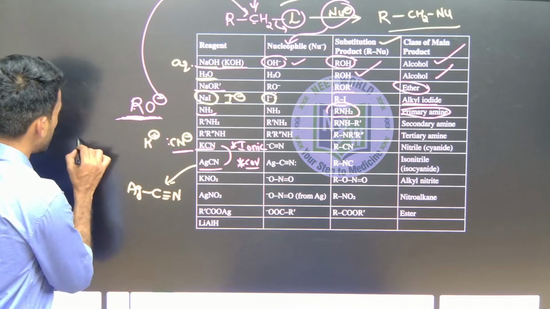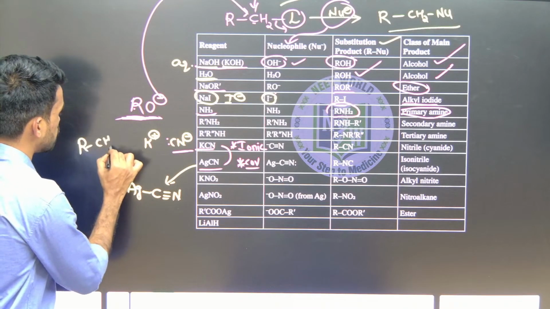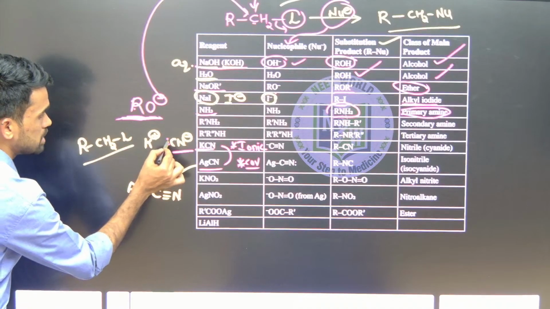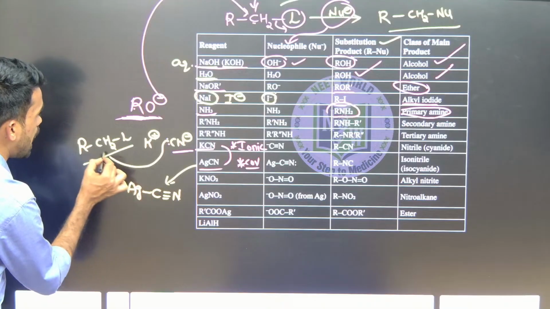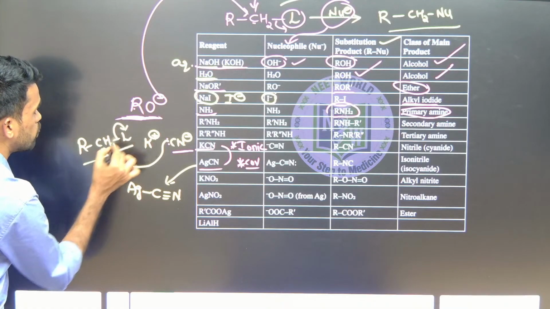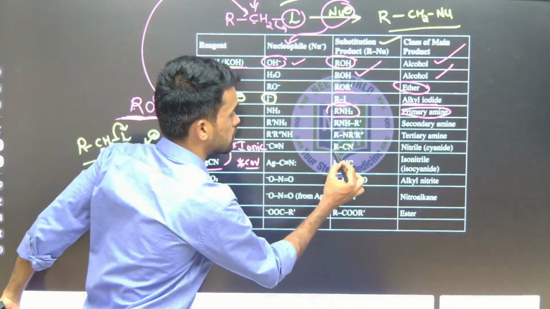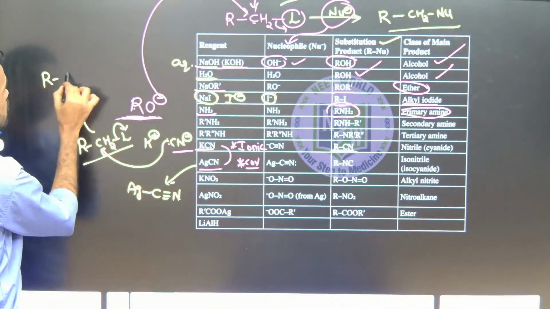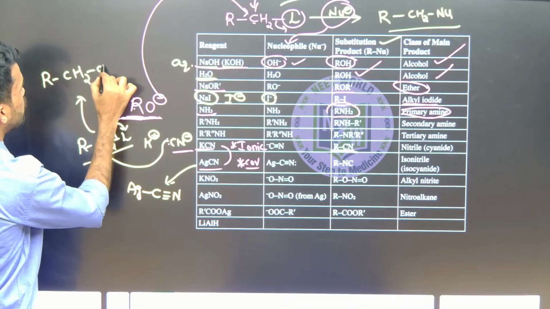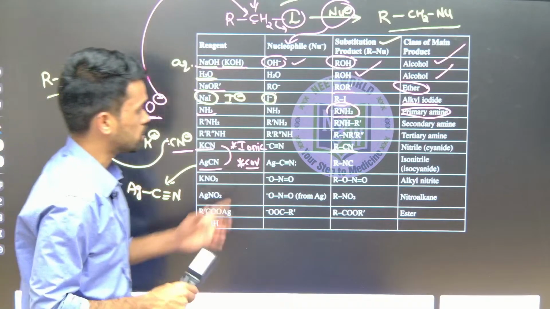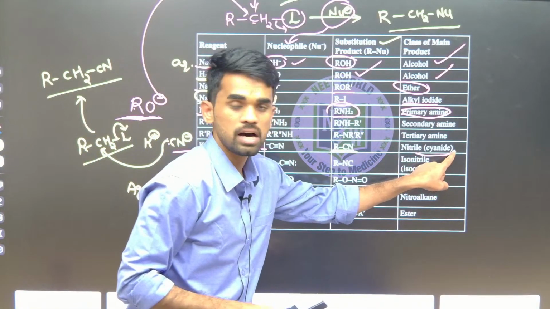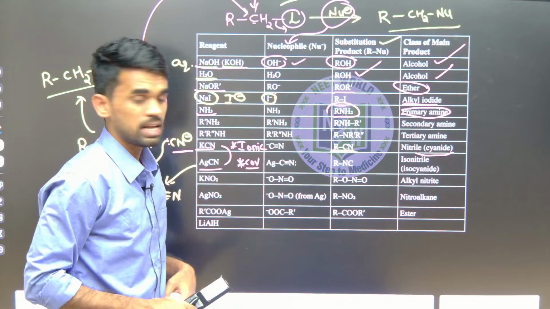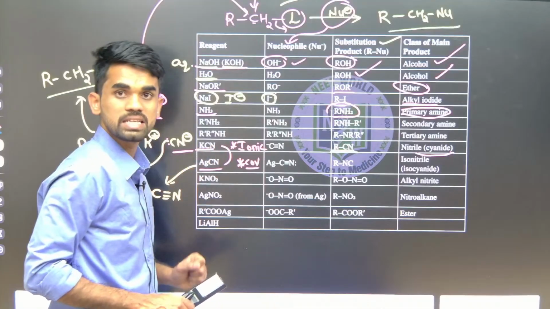So if I do a reaction with KCN, this less electronegative carbon attacks on the carbon, therefore you are going to get a cyanide type of product, RCH2CN, nitrile or cyanide, if ionic compounds like KCN or NaCN are taken.